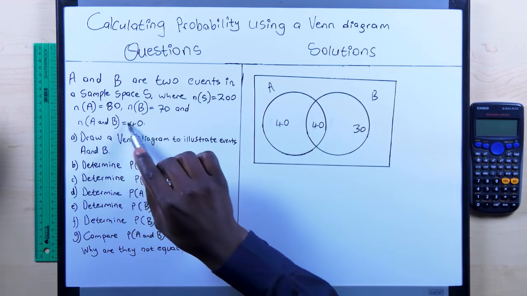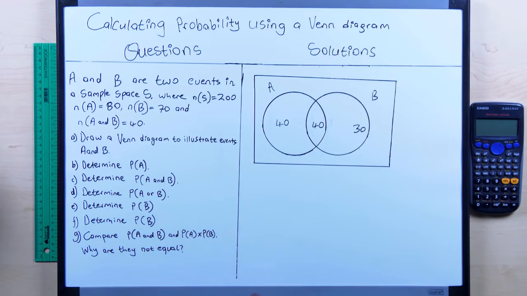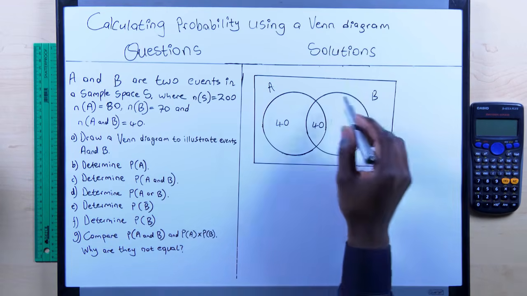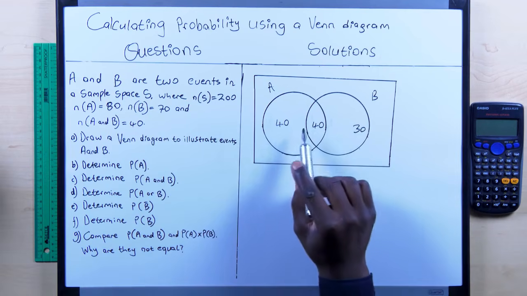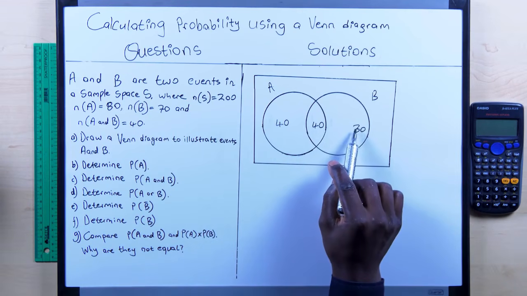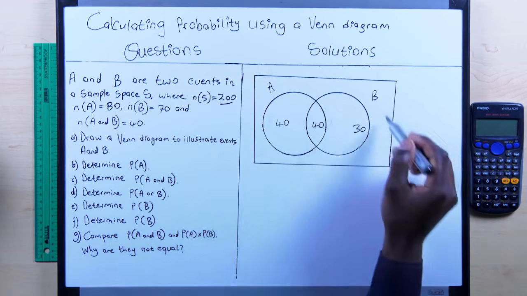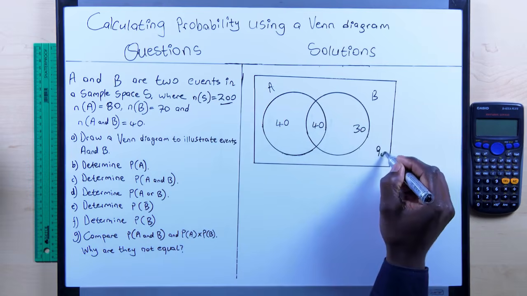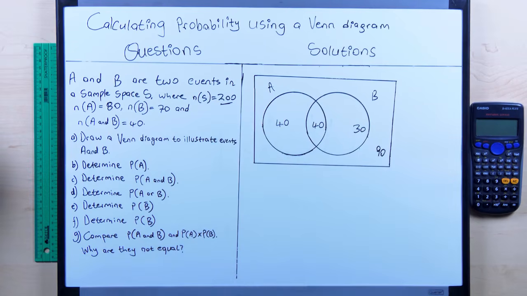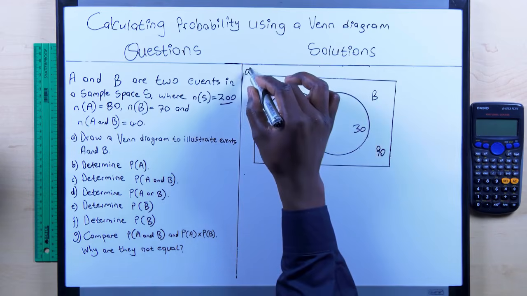And they share mutual ground of 40. The Venn diagram is done. Outside of it, if you balance, this is 40, 40, that's 80, plus 30, that's 110. They must add up to 200, which means that in this space we must have 90 outside here. Good. This was number A.